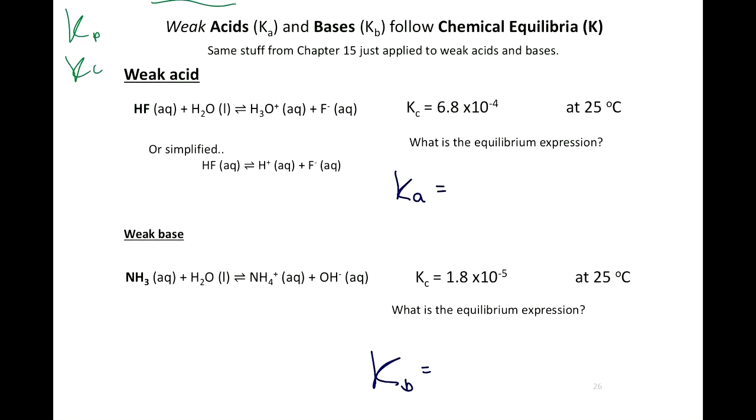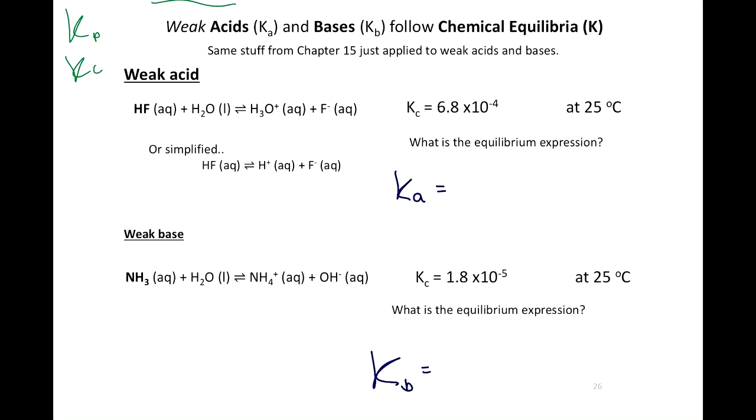Ka, what do you think the A stands for? Acid, yes. So a Ka is just a Kc expression for an acid acting as an acid. Kb, what does B stand for? Base. So Kb is just a Kc expression for a base acting like a base. And that's it. So these are no different than chapter 15, but we need to be cognizant of how acids behave and how bases behave.